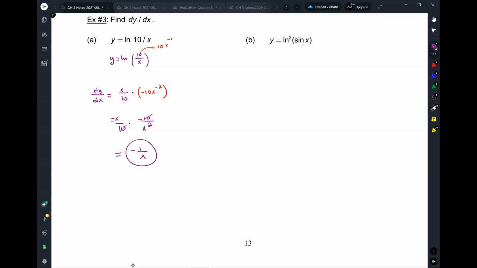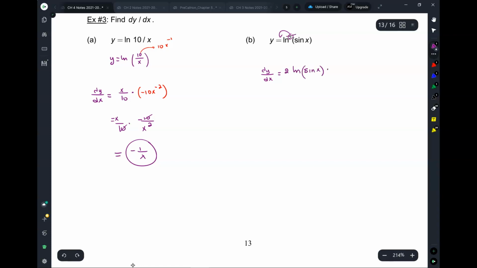So the derivative of ln of something is 1 over that something times the derivative of that something. That's how it is. All right, so here, chain rule. dy/dx. What's the outermost function here? The 2. So 2 comes down, ln sine x.